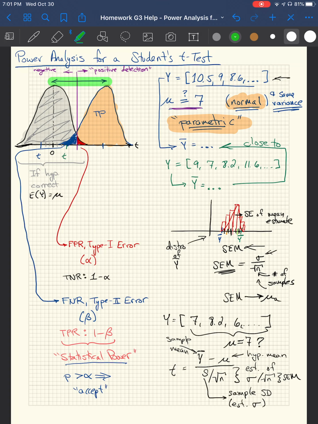So if I were to imagine, how far away are those two peaks? Well, I've got y bar minus my hypothetical distribution over s divided by square root of n. And that is what generated this distribution over here.